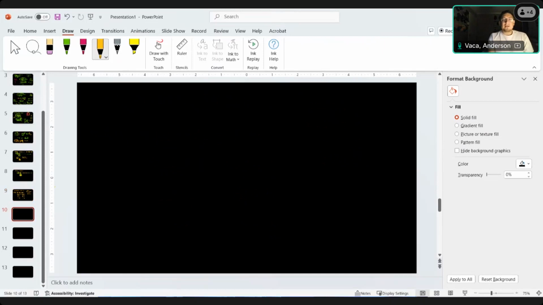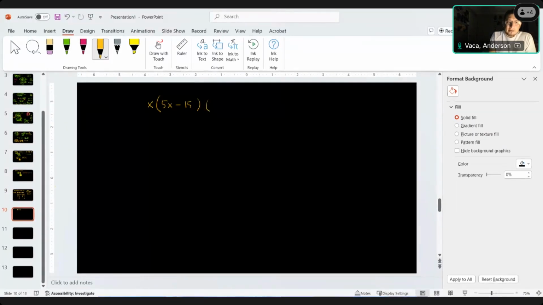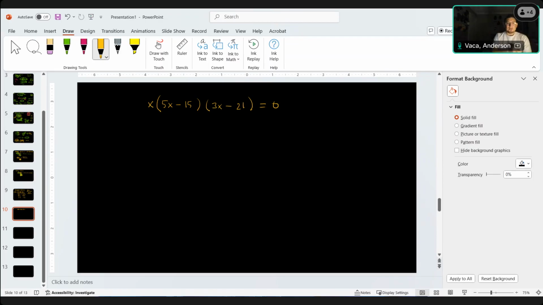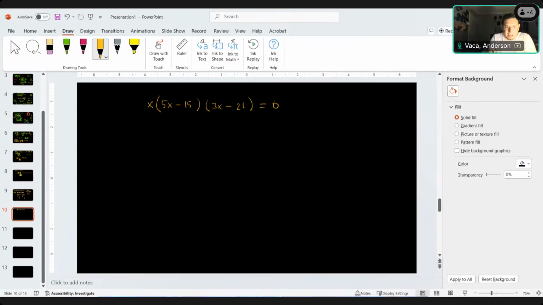So let's say I was doing something a little bit more complex: 5x minus 15, and then I'm going to put here x, and then here I'm going to put 3x minus, I don't know, 21, and that's equal to 0. Okay. So what I usually find is that students tend to forget.